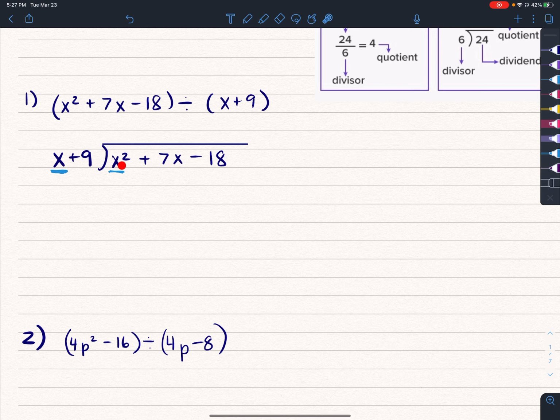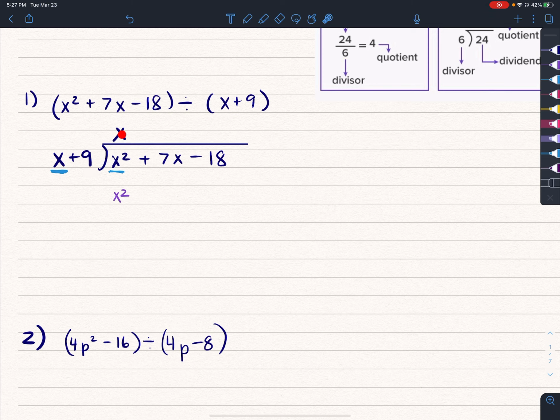So in order to get x squared, we have to multiply x by another x. So here I'm going to put an x. And now if I do x times x, I get x squared. And now this is where the second term comes in.